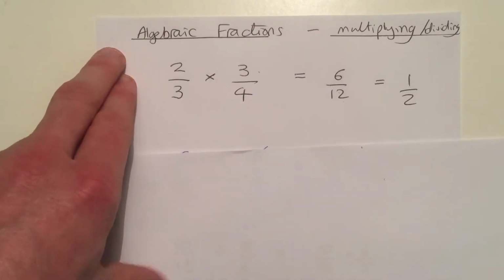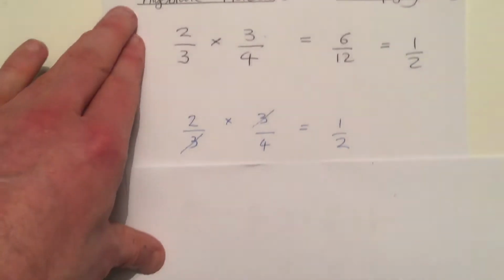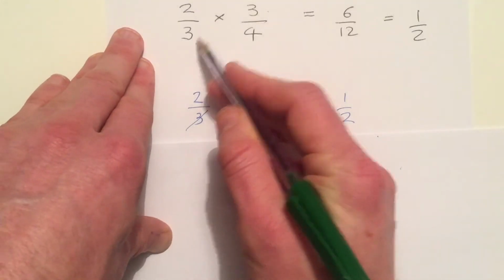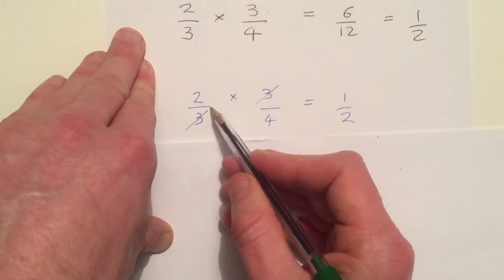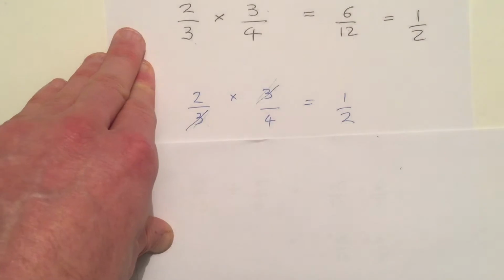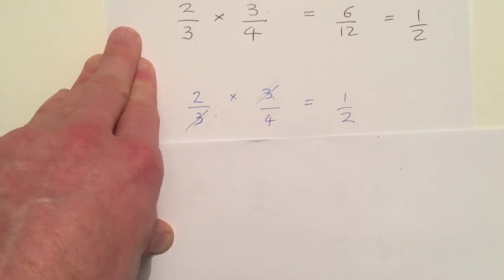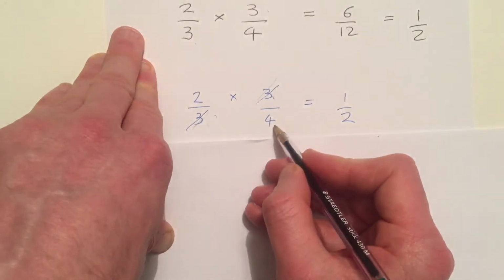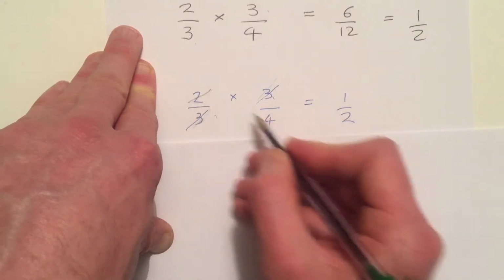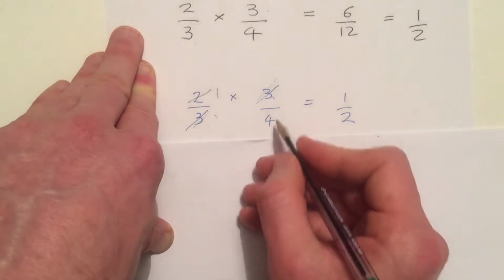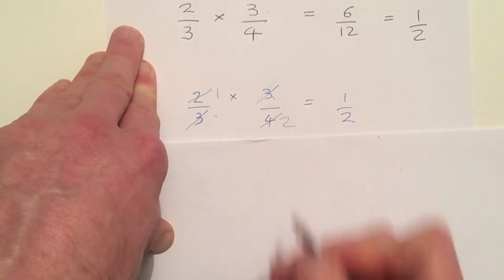However, there is a quicker way we could have done that. I could have spotted I had a 3 and a 4, cancelled both of them out, because timesing by 3 and then dividing by 3 will cancel out. And then I can also spot that 2 goes into 2 once and 2 goes into 4 twice.